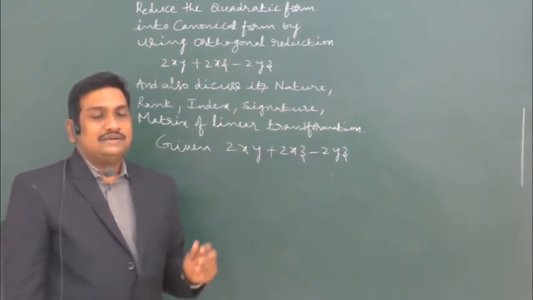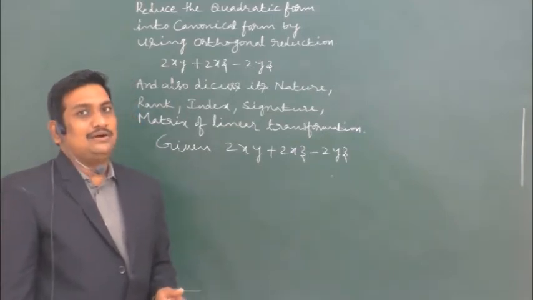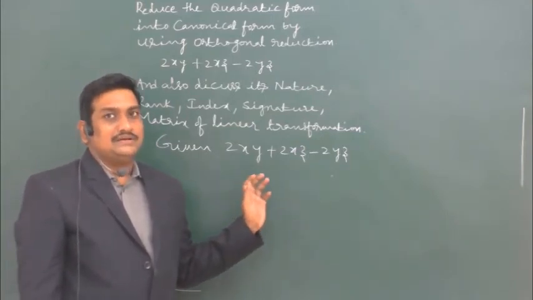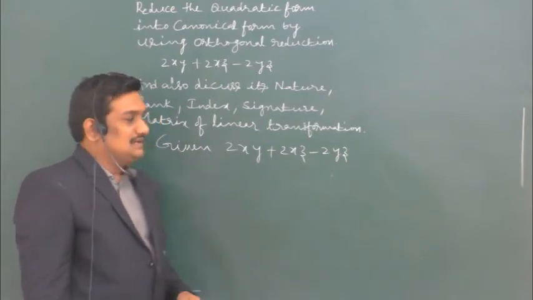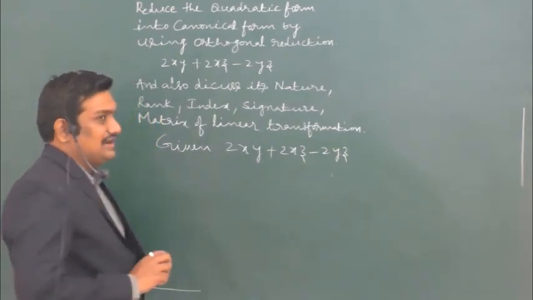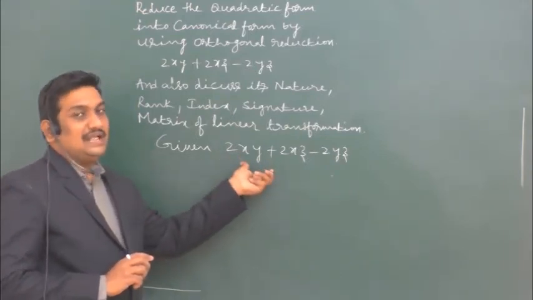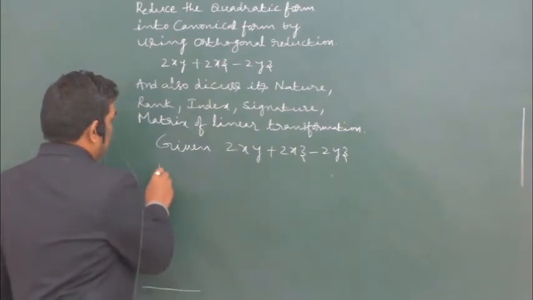A canonical form is again a second degree expression where it only has square terms but not product terms. Okay, so let us write the matrix of quadratic form from this expression.